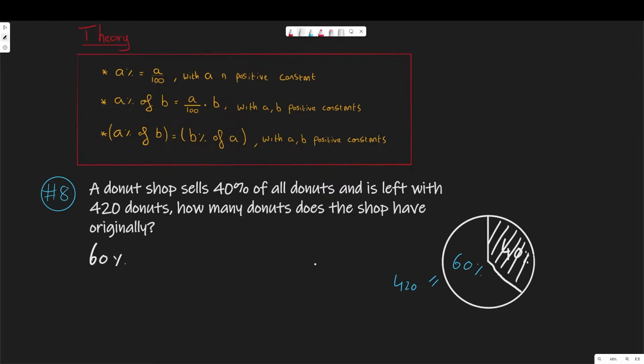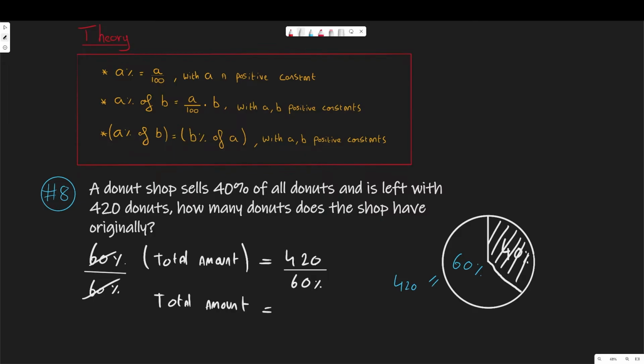So let's write this down. So 60% out of the total amount of donuts is equal to 420. And we want the total amount, so, well, let's divide by 60% on both sides, like this. So this will cancel and become 1, and the total amount will be 420 divided by 60%.